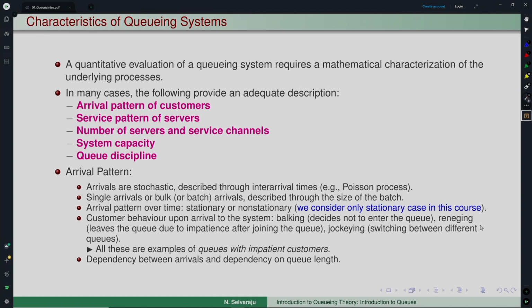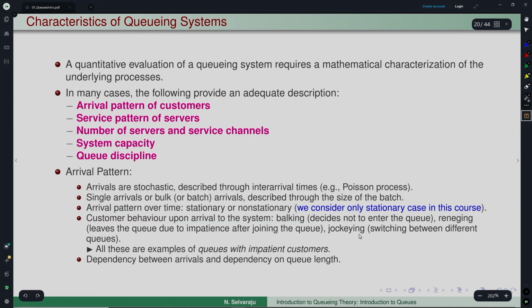Then there is a third phenomenon called jockeying. What is that? Suppose you go to an airport or a supermarket, where you see multiple queues in front of multiple servers. You join one queue, then you see that the other queue is moving faster, so you move to the other queue.